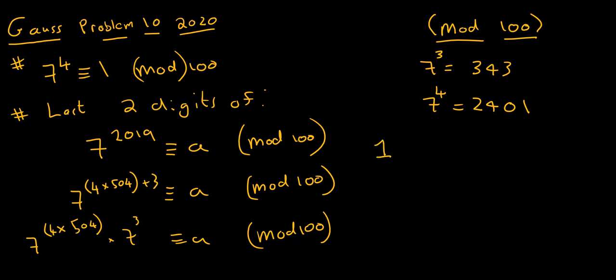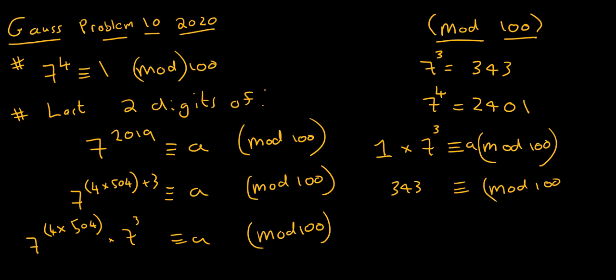So that just gives 1 times 7 to the 3 is equal to a mod 100. We know that 7 to the 3 is 343 mod 100.